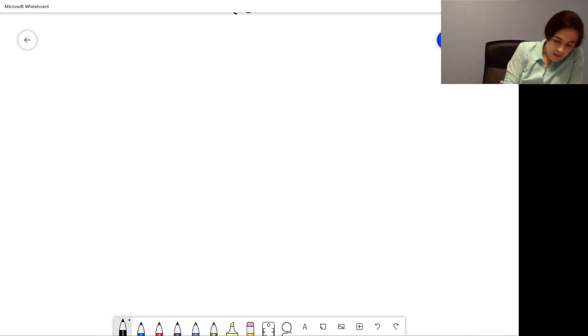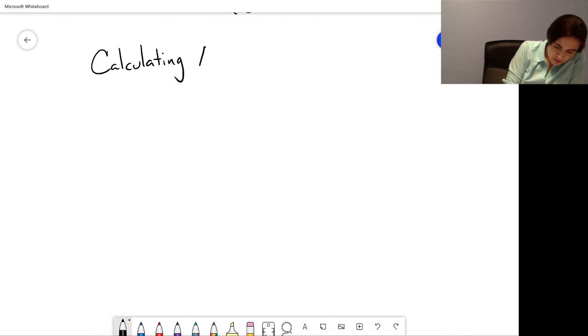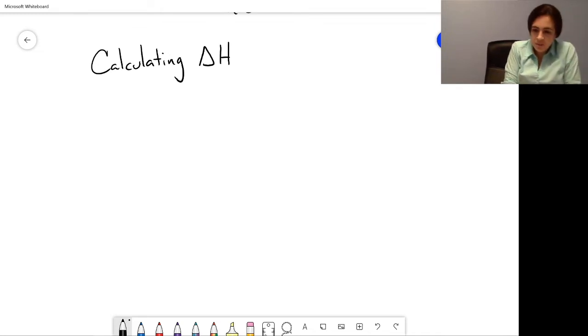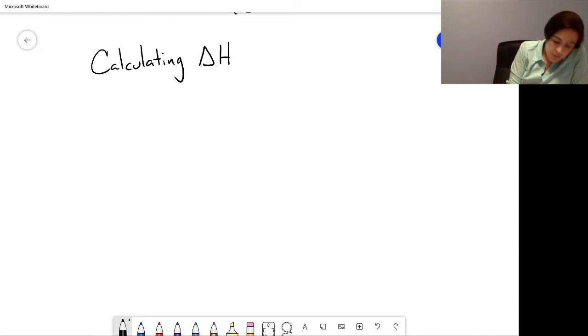So how do we calculate delta H? Well, we can do this by looking at bond breaking and bond making. And when we do that, we're going to talk about specific types of bond breaking.